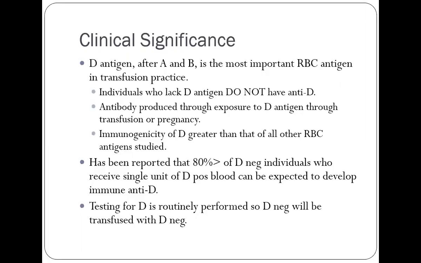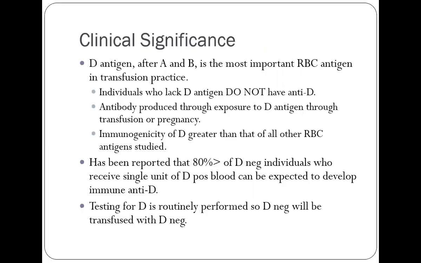But the immunogenicity of this antibody is greater than that of all other red blood cell antigens studied. It's been reported that over 80% of people who are D negative and who receive a single unit of D positive blood, or are exposed through pregnancy, develop anti-D so quickly.